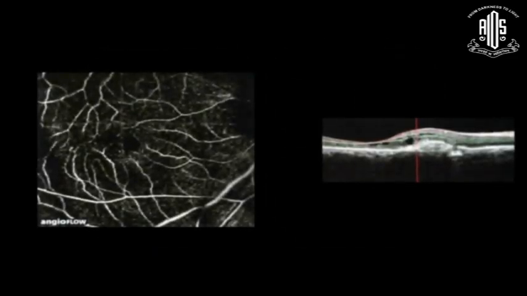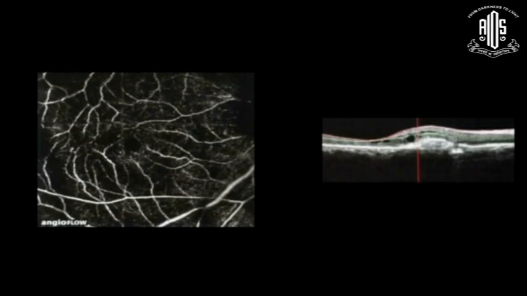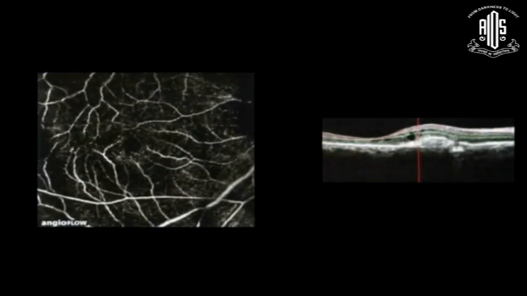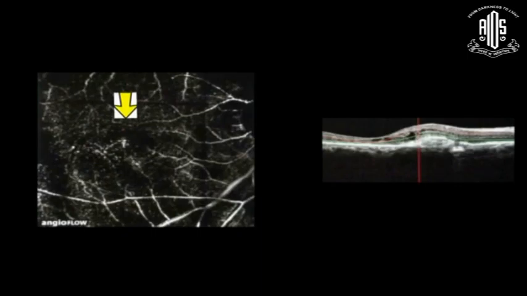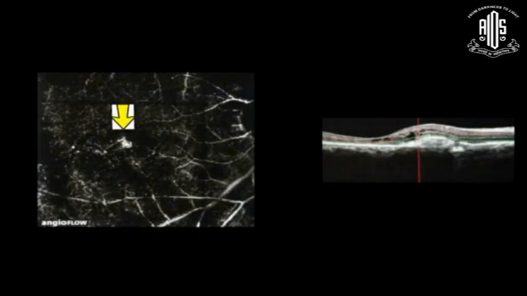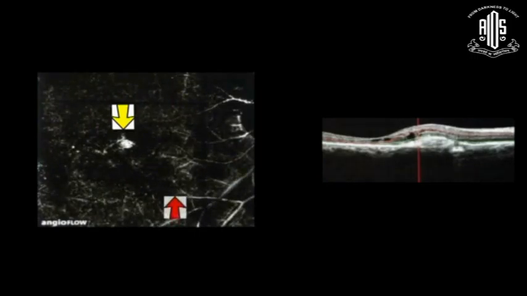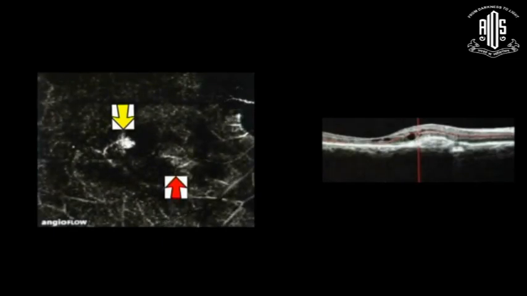OCT angiography of the right eye reveals 2 different foci of type 3 neovascularization. As we see now, one under the fovea highlighted by the yellow arrow, and the second one inferonasal to the disc highlighted by the red arrow.